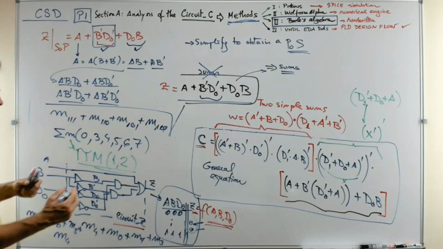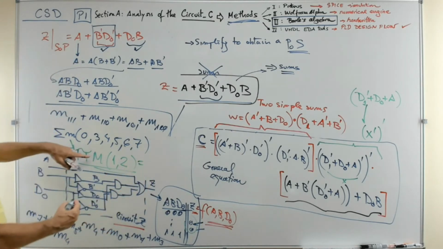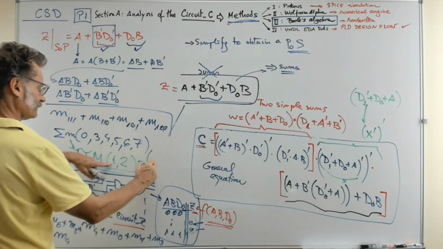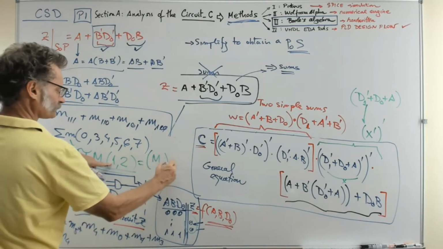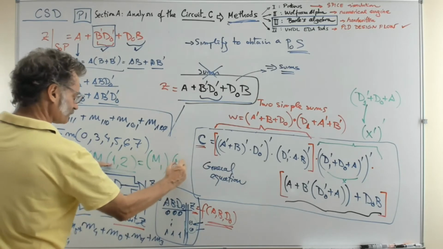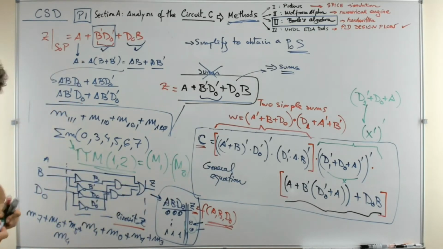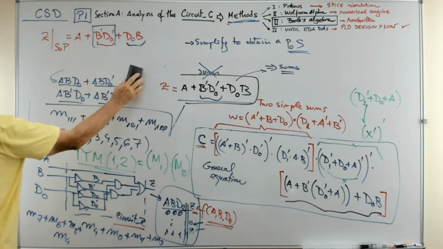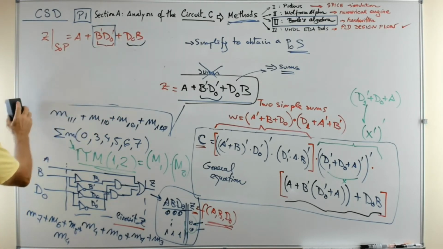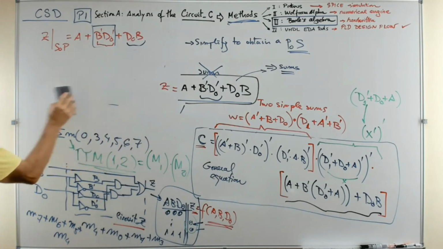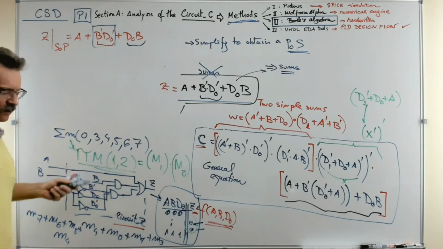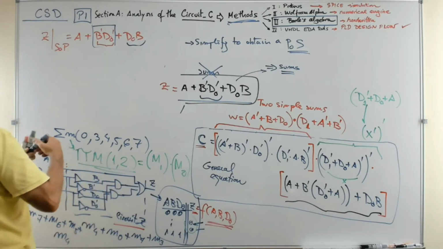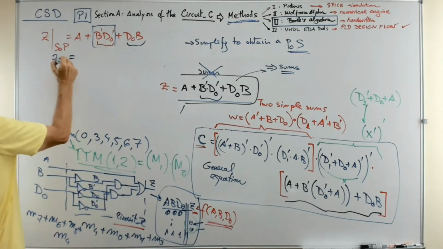So the maxterms that you can develop here are the maxterm 1 and the maxterm 2. So finally, your circuit becomes this list of 6 minterms, or instead the product of these two maxterms, which happens to be something like Z.